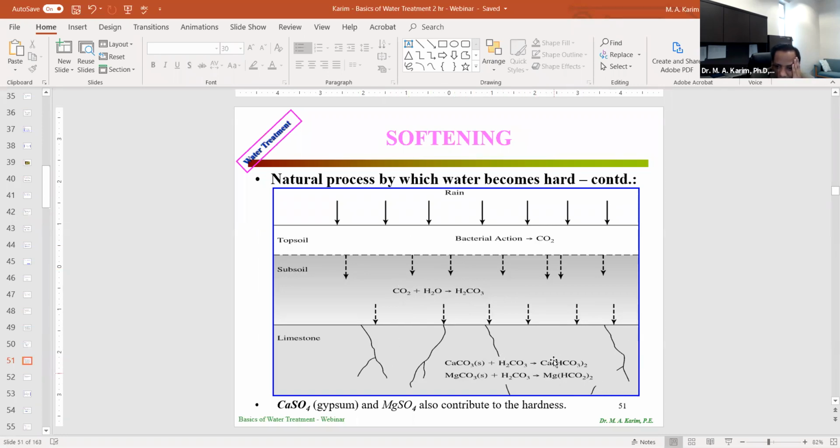Now calcium and magnesium carbonate, bicarbonate, and the cations all contribute to the hardness of the water. So that's how the water becomes hard. Calcium sulfate, gypsum, and magnesium sulfate also contribute to the hardness, but their contribution is minimal. Mainly calcium and magnesium carbonate and bicarbonate are the major ones.